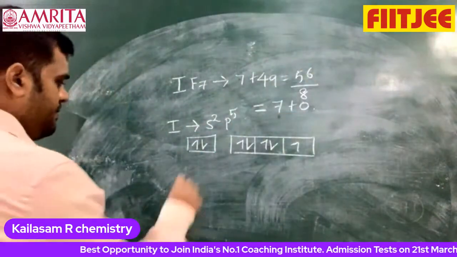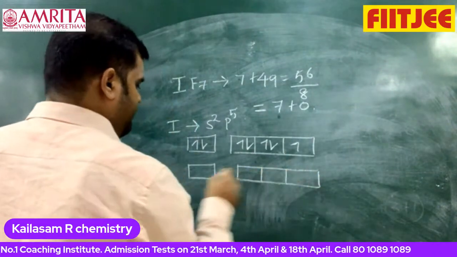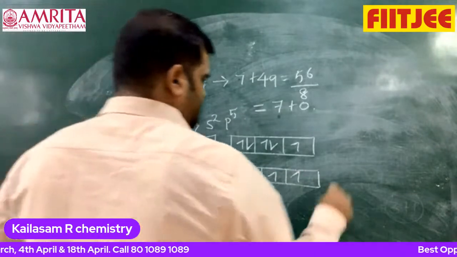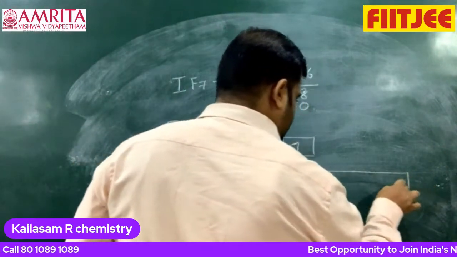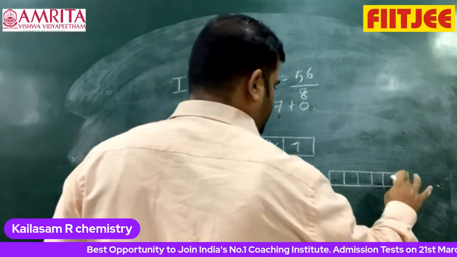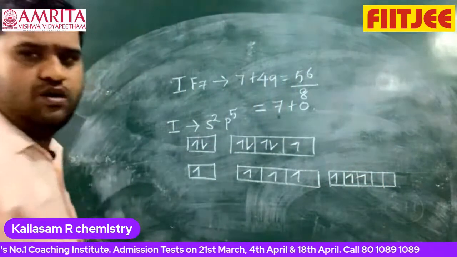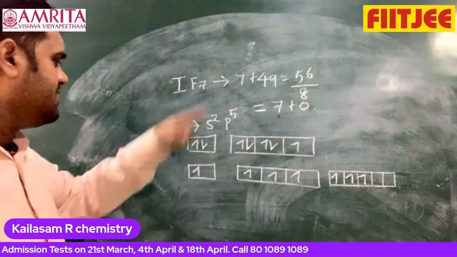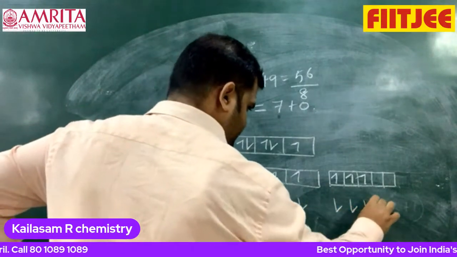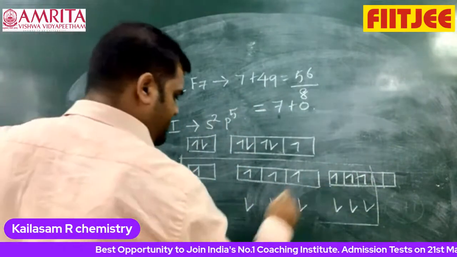Now how many fluorine are there? 7. So all can take part in the hybridization, which produces sp3d3.